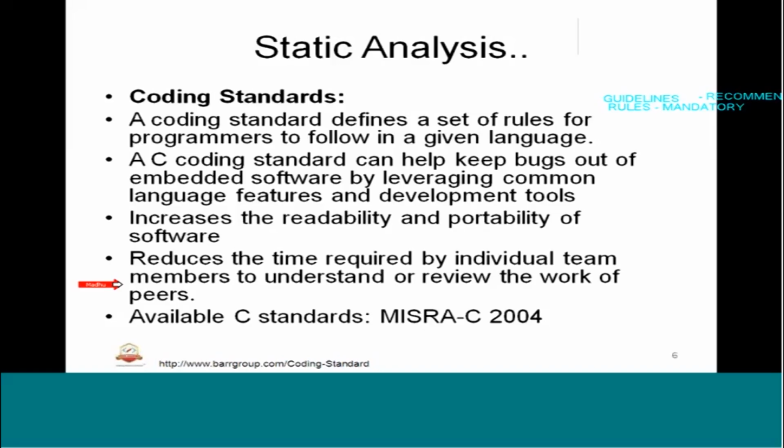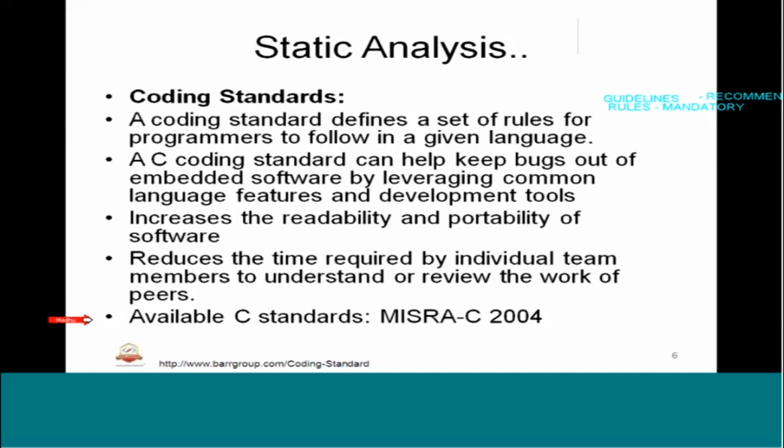That means person A will review person B's code, and person B will review person A's code. So likewise, it is going to take less time if the coding standards are followed appropriately, because the reviewers are quite aware of the programming standards or the coding standards.